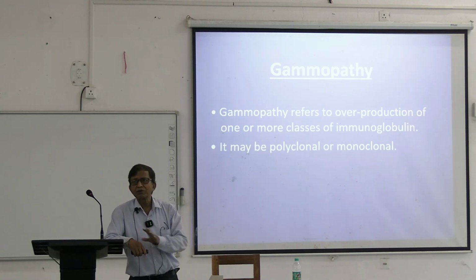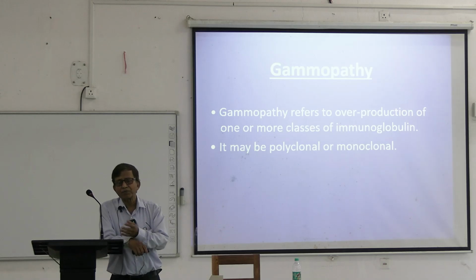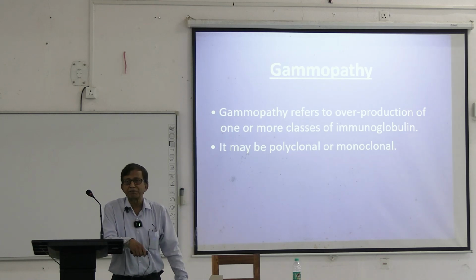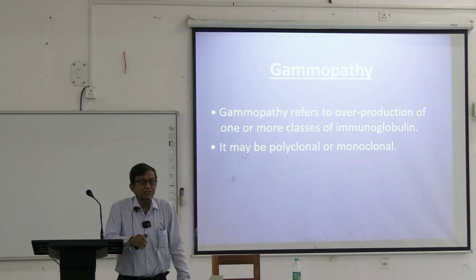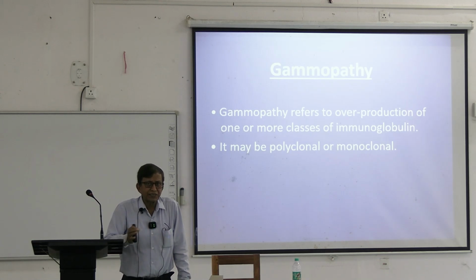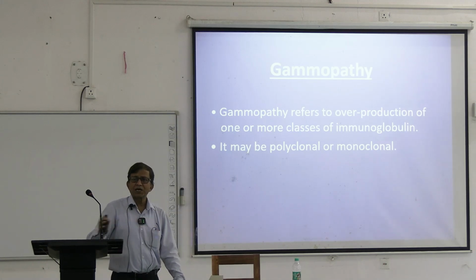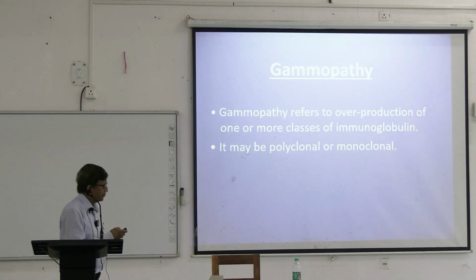Remember this. So you'll hear different nomenclature: paraproteinemia, gammopathy, etc. This only means that there is an increase in abnormal proteins secreted by neoplastic plasma cells. Nothing else. Symptomatology is variable and of different types.